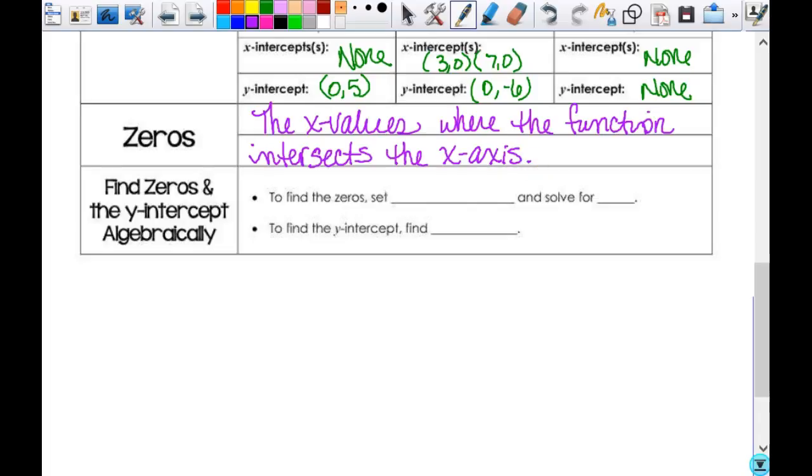So it's just the x value. It's not the point or the ordered pair. So when I want to find the zeros and the y-intercepts algebraically, to find the zeros, I set f of x equal to what? 0. And what do I solve for? X. And to find the y-intercept, I just find f of what? 0. Because that means it's when I set x equal to 0. Okay, we good?